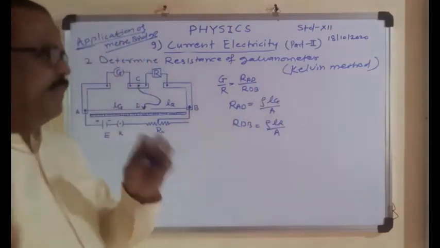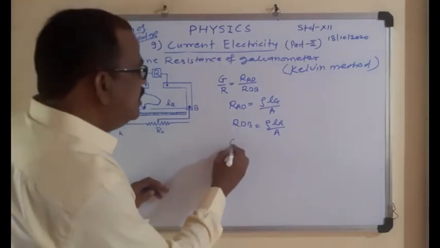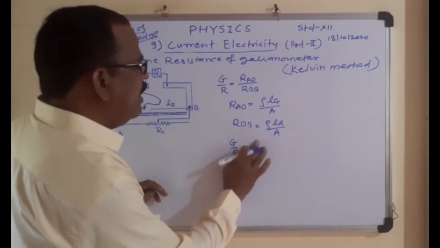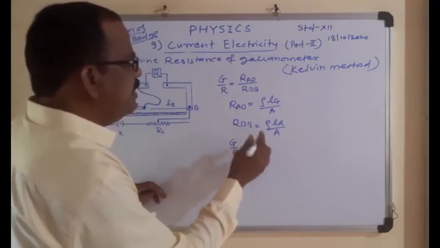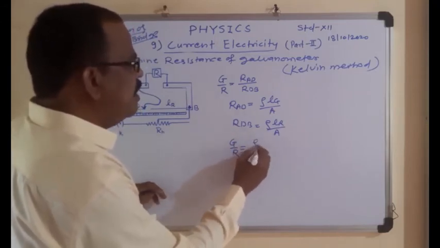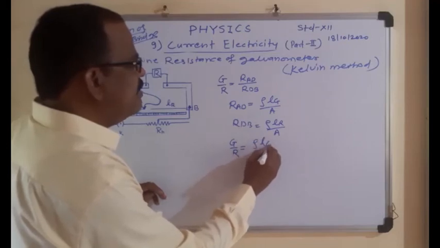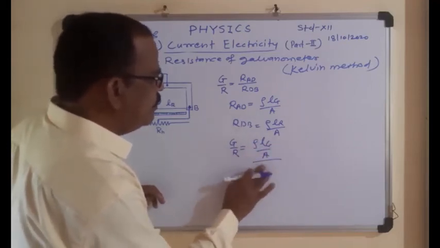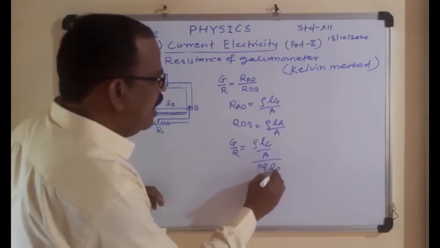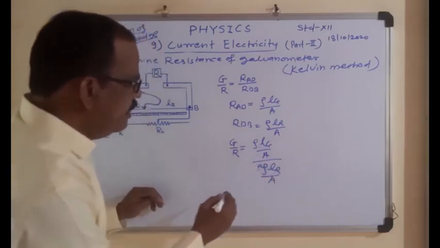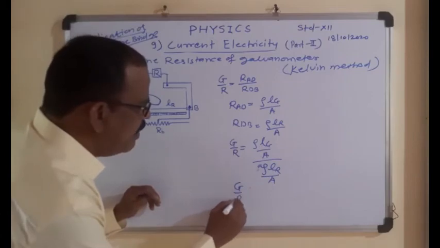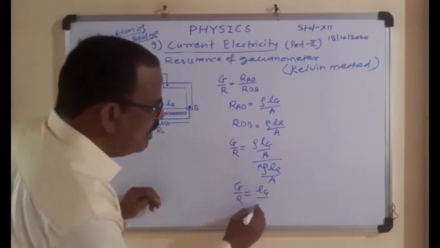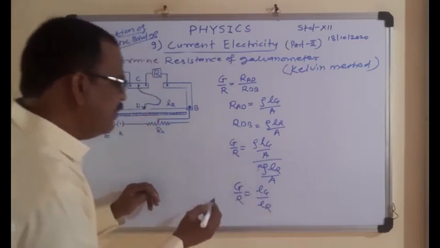Then G divided by R is equal to, in place of RAD, we substitute rho into LG divided by A, divided by rho into LR divided by A. Therefore G divided by R is equal to LG divided by LR.